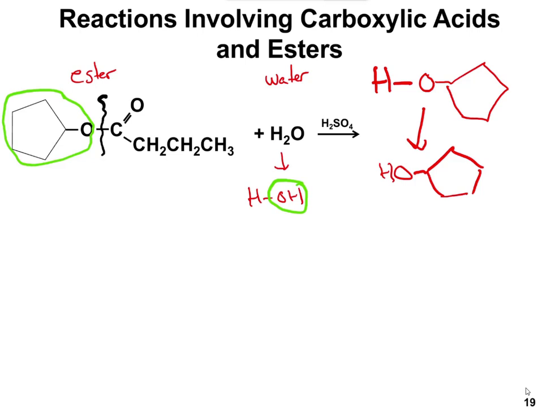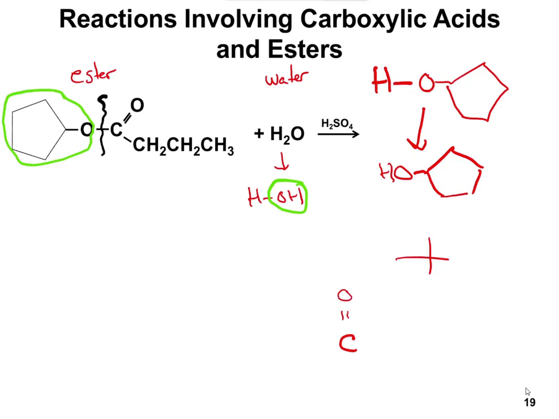Now the second product is going to be plus. The other thing we're going to make is we're going to rewrite this part of this molecule, right? And then instead of drawing the part that's in green here, I'm going to add the OH to it. So let's first redraw that part.